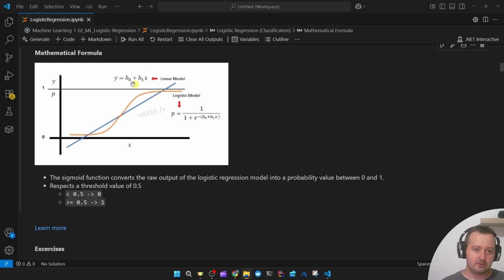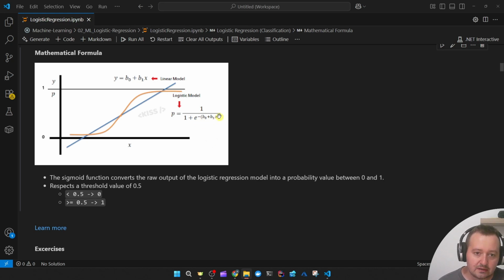So linear regression was this a times x plus b, or this notation to find the best fitting function to fit the map that describe the data points and to predict a continuous value like an exam score or other types of values. If you look carefully, this function formula is repeated here down below.